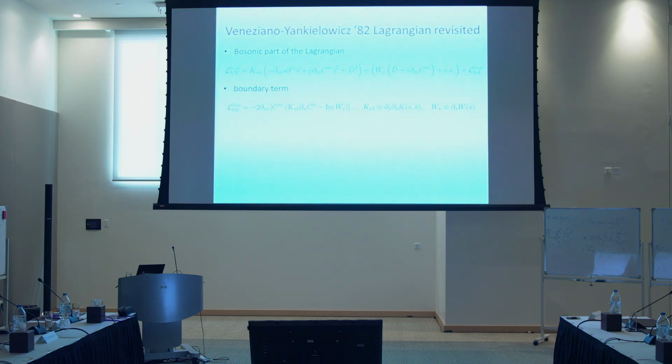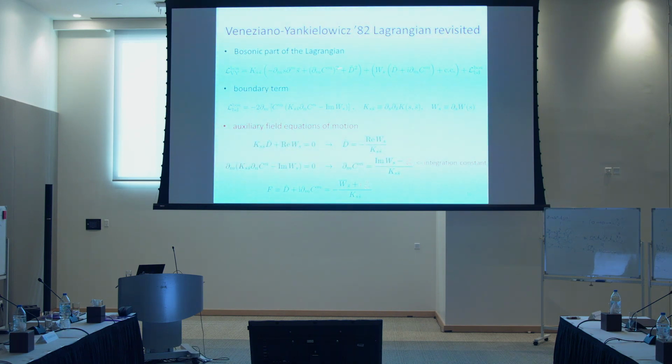So it's quite simple. Now, we would like to integrate out the auxiliary fields as usual, and get the potential for the scalar field from this Lagrangian. To do this, we should solve the equations of motion for the auxiliary fields, and we do it in the standard way.